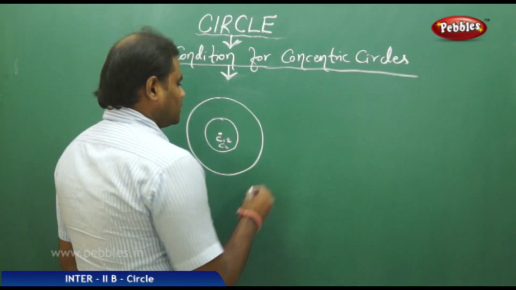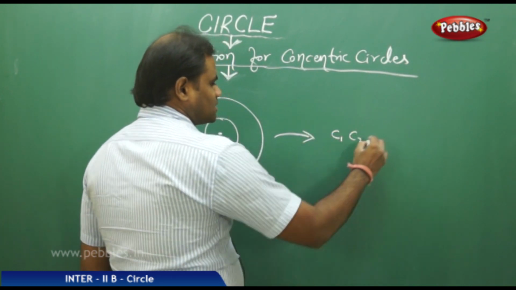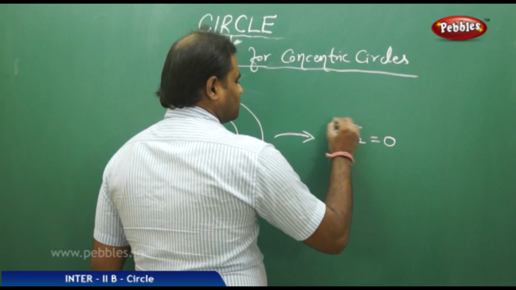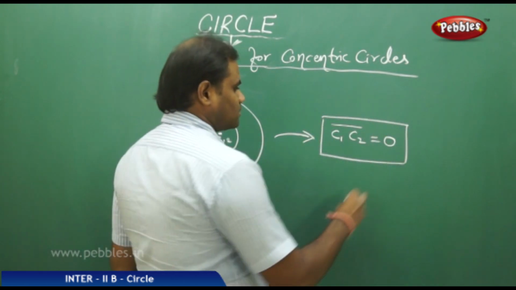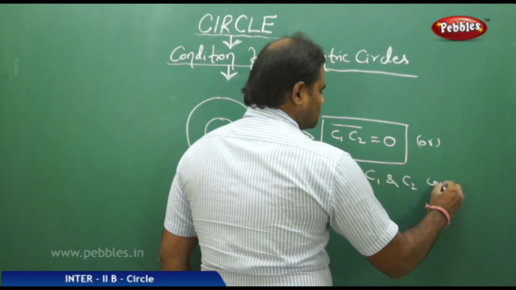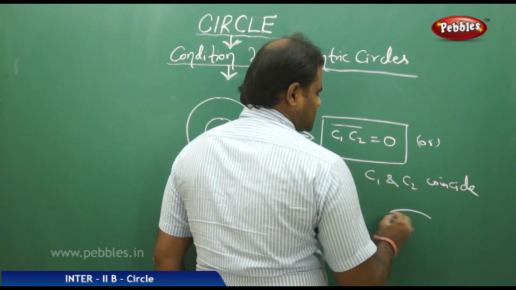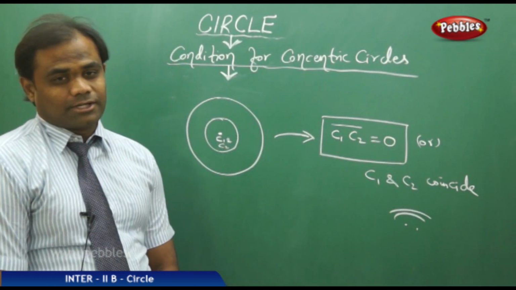Then for the two circles to be concentric, the distance between their centers is 0, or mathematically we say the two centers C1 and C2 coincide. This is how we understand the condition for concentric circles.